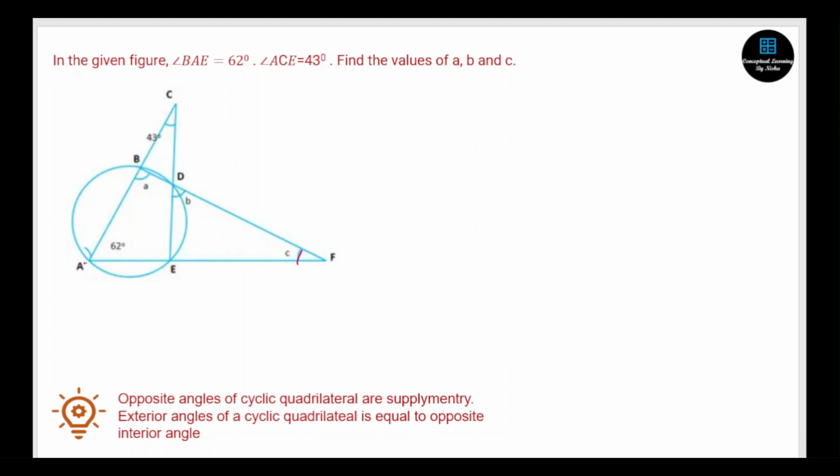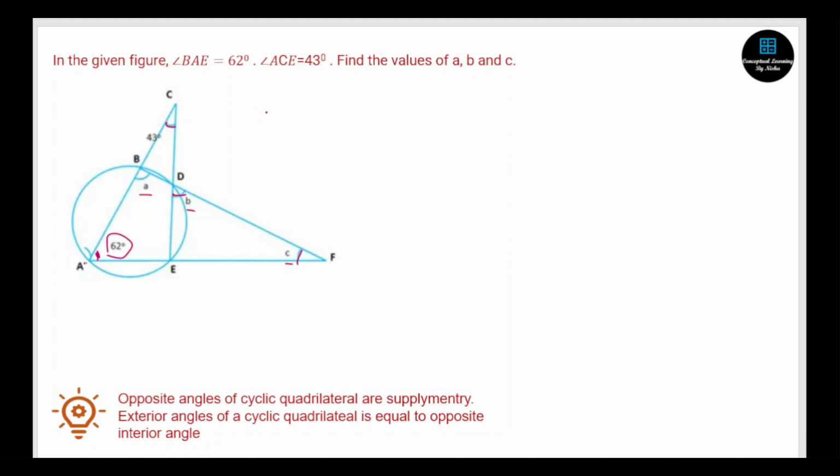Now here in this question, the angle BAE is given as 62 degrees and angle AEC is given as 43 degrees. We have to find the values of A, B and C which are here. First thing first, ABDE is a cyclic quadrilateral. So what can I say about this angle 62 and angle B? Which theorem can we apply?